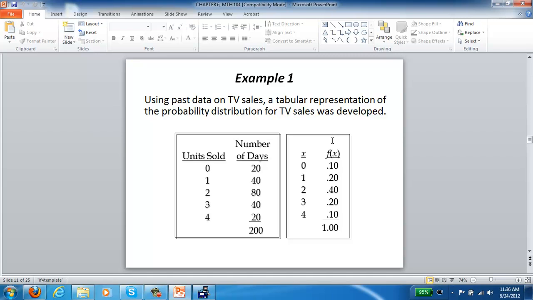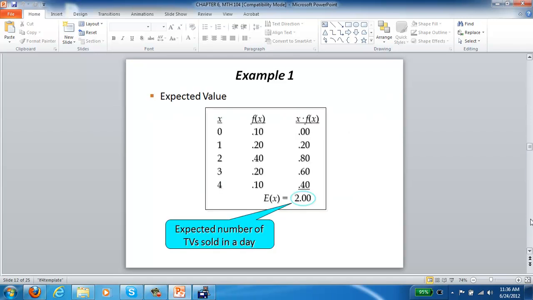So we have to create a third column where we multiply the x with the f of x, and then we take the summation. We multiply 0 times 0.1, 0, 1 times 0.2, 0.2, and so on. So the summation is equal to 2. That means we expect to sell 2 TV sets per day.